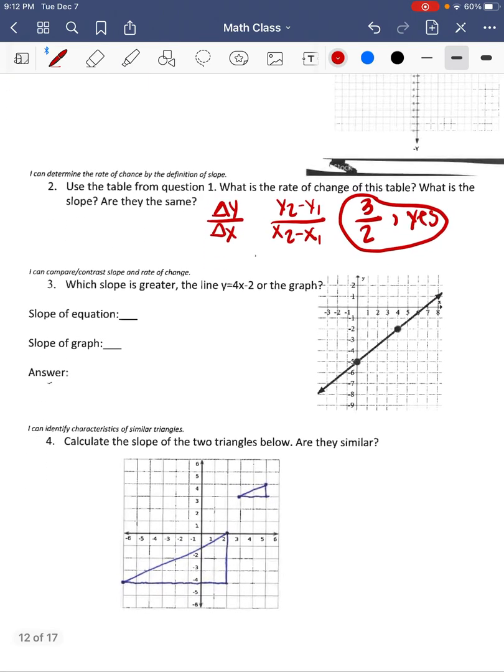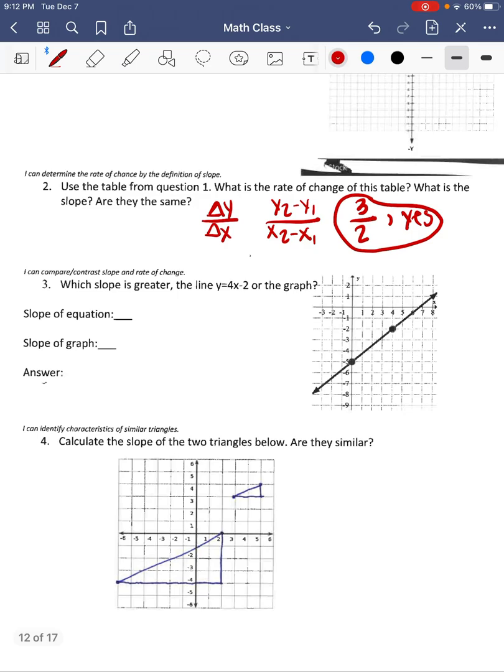Number 3, which slope is greater? The line y equals 4x minus 2 or the graph? So you need to find the slope of this equation and the slope, the rise over run of this graph. The slope of our equation is our m, which is right here. It's 4.